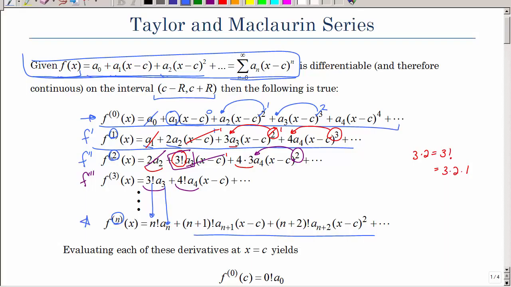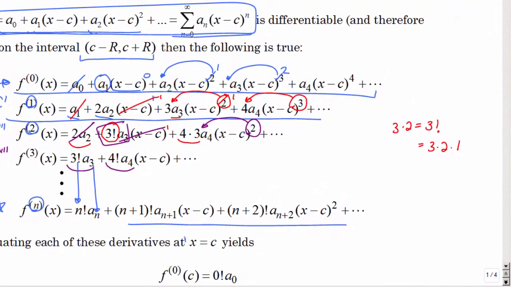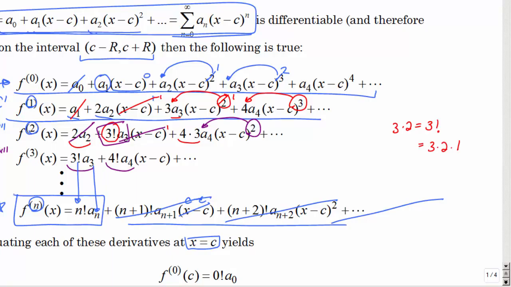But let's look here. What if I let x equal to c? What's going to happen? Well, if x is equal to c, that's going to be c minus c, which is 0. So that would be 0, that would be 0, that would be 0. All the other terms, except for this very first term, is going to go away.